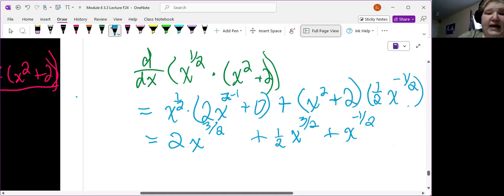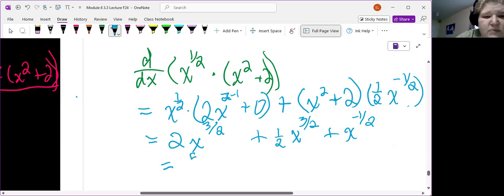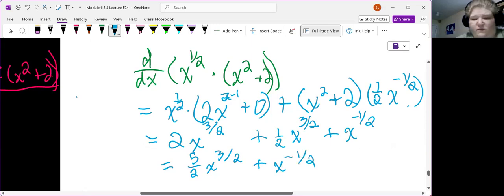All right, we can combine the front two. They're both x to the 3/2. So I have 2 of them plus another half. 4/2 plus 1/2 is 5/2. So our most simplified would be 5/2 x to the 3/2 plus x to the negative 1/2.